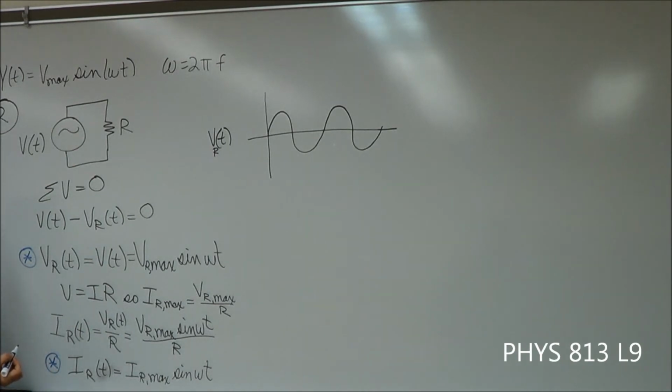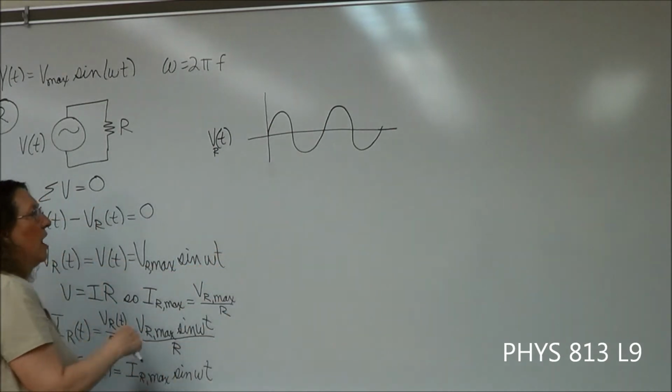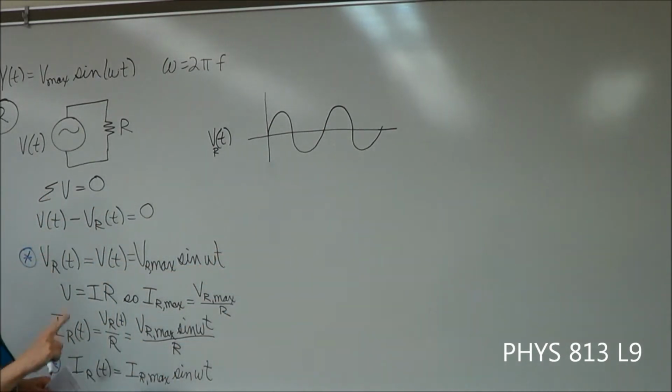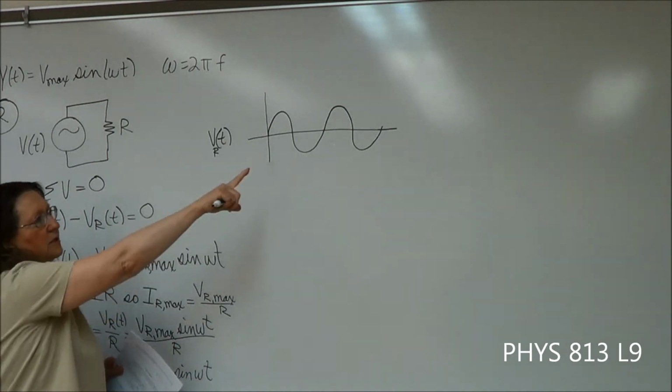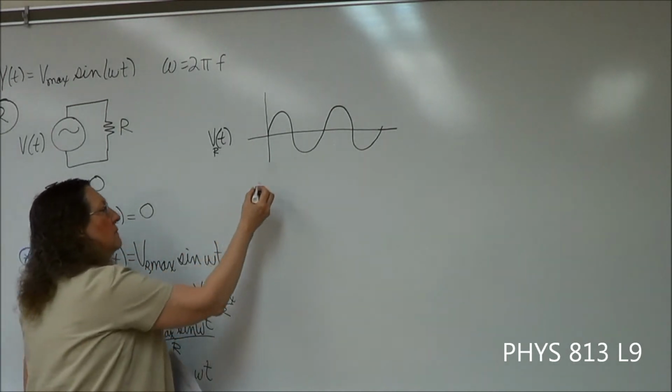So that's what our voltage looks like. Now, beside that, actually I think I'm going to do it underneath. I'm going to do it underneath on the board, but you will need to draw it to the side on your paper. But I do want to show something here.